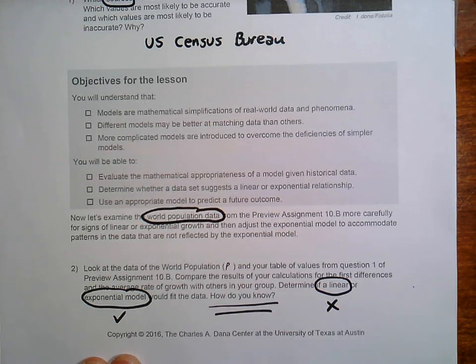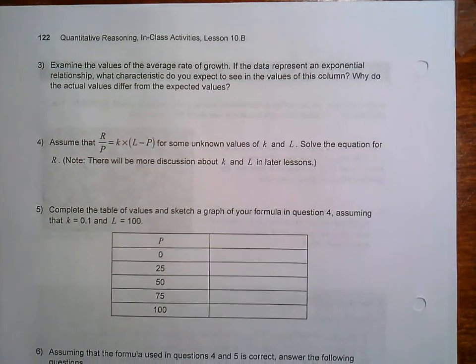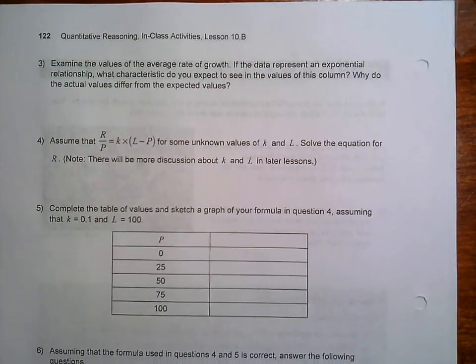It's almost exponential. It's exponential at a certain time, but then due to lack of resources and overcrowdedness, we start to see this change a little bit. Okay, I believe page 2 here is where we have most of the math that we're going to see in this lesson.